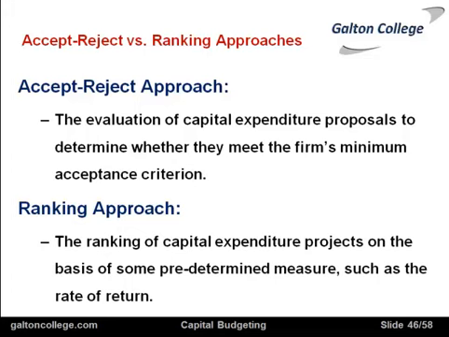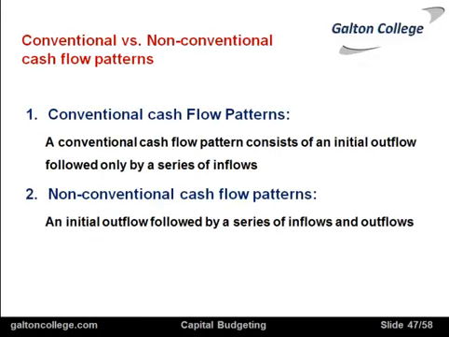And the ranking approach looks at the best scores, what's the most likely to succeed, and it tries to rank the various projects that are possible in the future. It ranks them as the best, the next best again, and so on and so on. And then it picks the one that's most suitable.